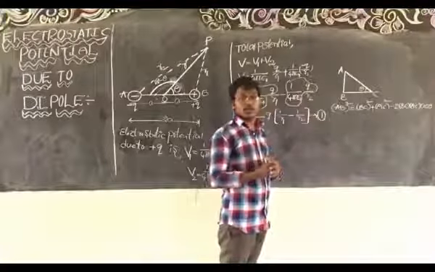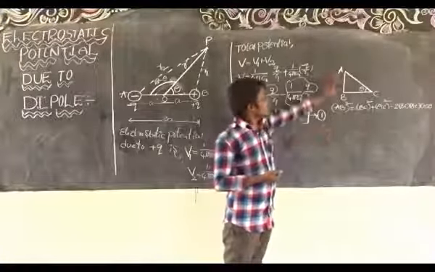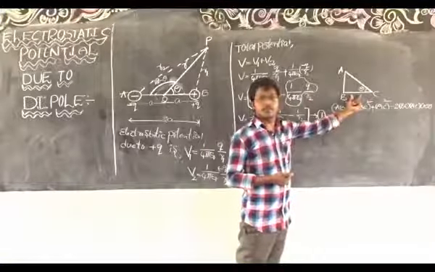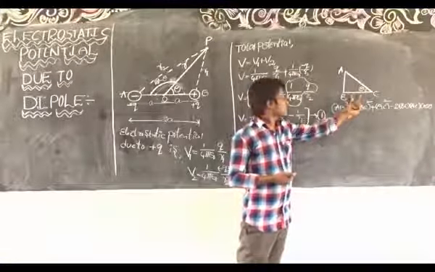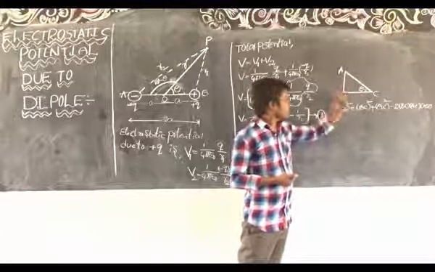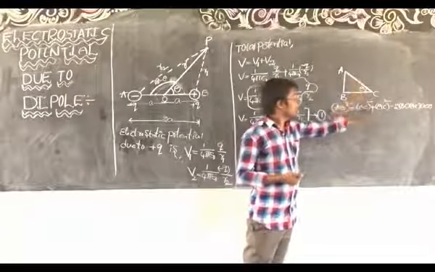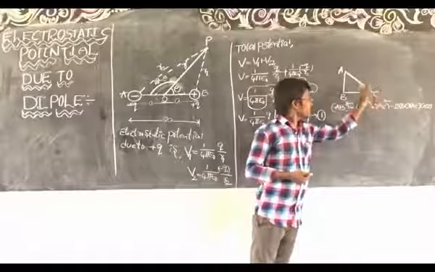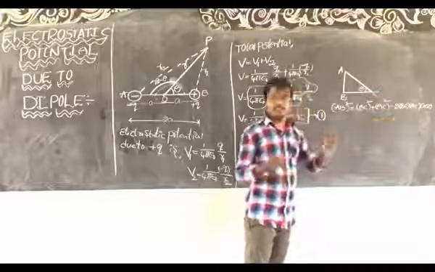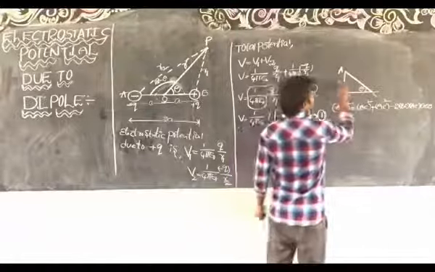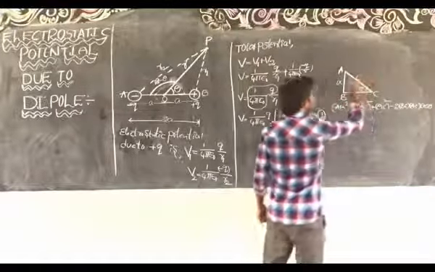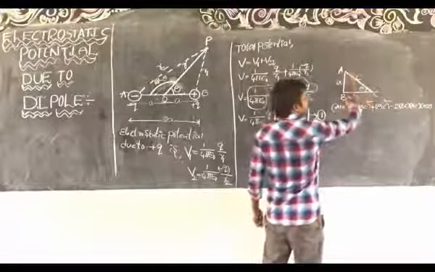You may have a doubt, master, why should you take only this side? You can take this side also. BC whole square is equal to AB whole square plus AC whole square minus 2 AB AC cos theta. Suppose you give names to the sides: this is A, this is B, and this is C. This side name is small a, this side name is small b, this side name is small c.